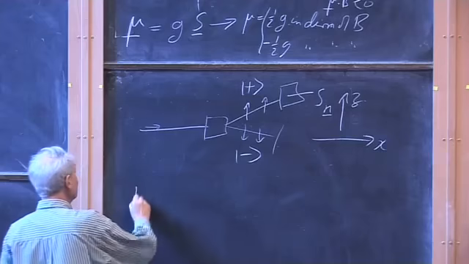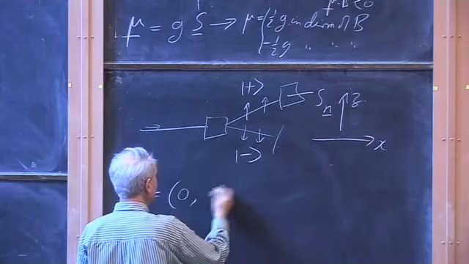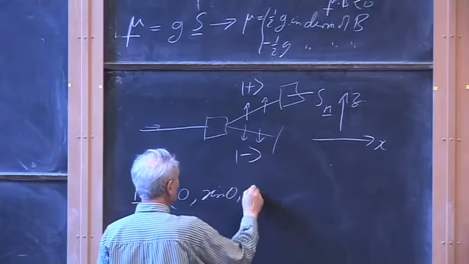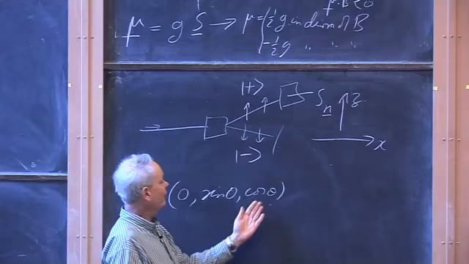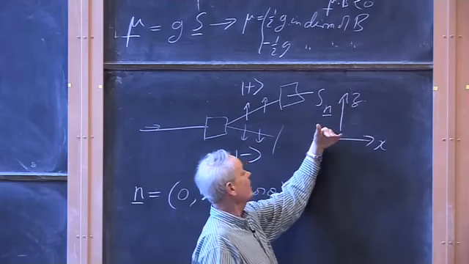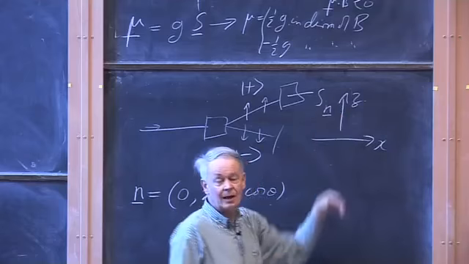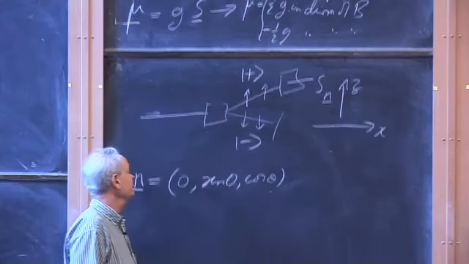And what we're going to do is take n equal to nothing, comma, sine theta, comma, cos theta. So n is a vector which, if theta is nothing, is just in the z direction, and if theta is pi by 2, it's in the y direction, and it can be allowed to scan between these directions as we vary theta.